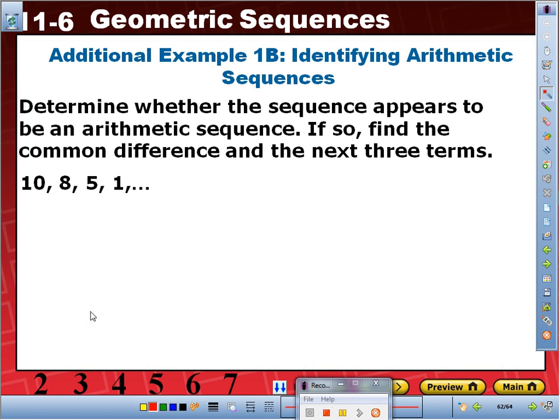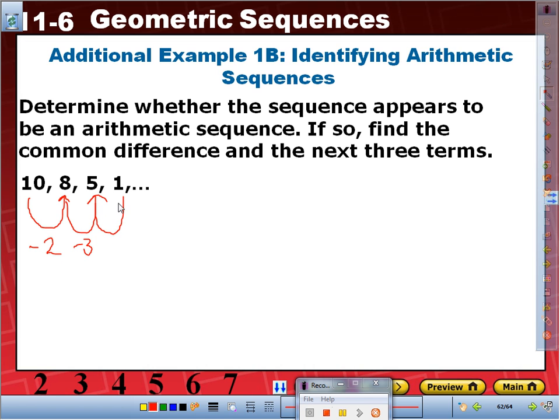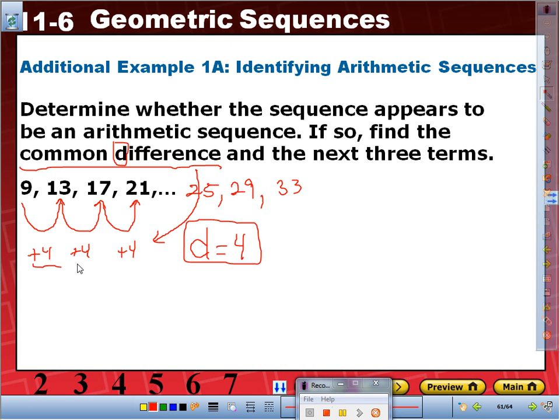Here we go. From here to here, what happens? Minus 2. From here to here. From here to here. Minus 4. So, let me ask you a question. Look at this one. Wasn't this one the same number for all 3? That's why it was an arithmetic sequence.